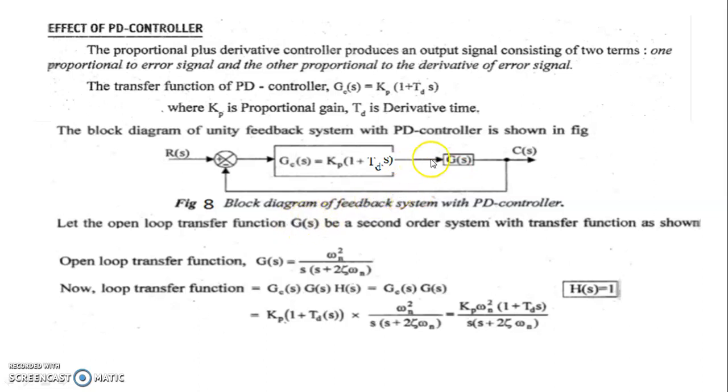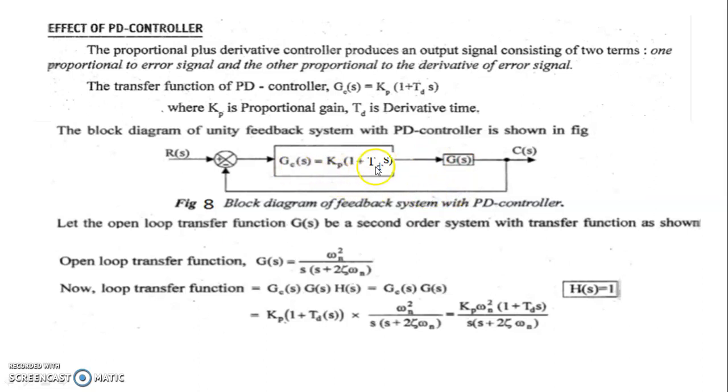G(s) is the open loop transfer function, and for the second order system we assume it is omega n square by s into (s plus 2 zeta omega n). The loop transfer function is the product Gc(s) G(s) H(s), but H(s) is equal to 1.